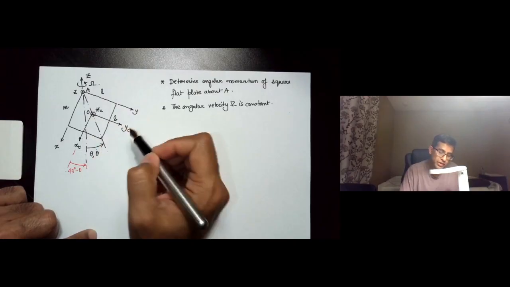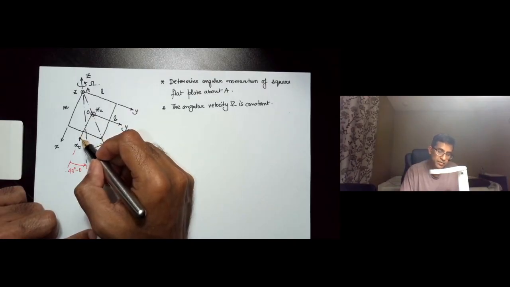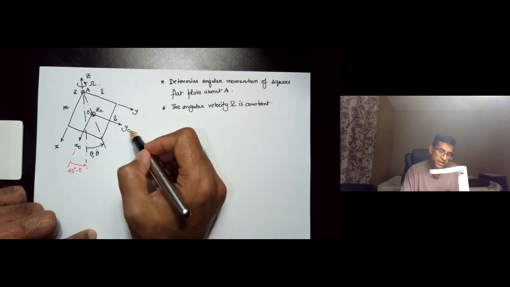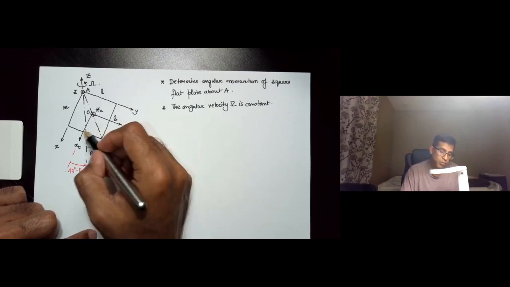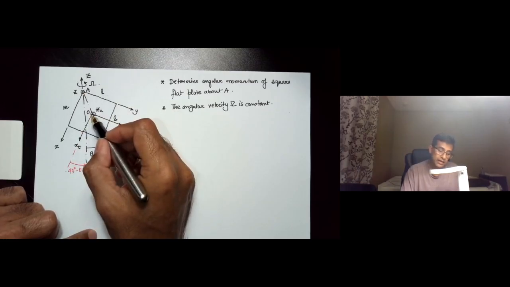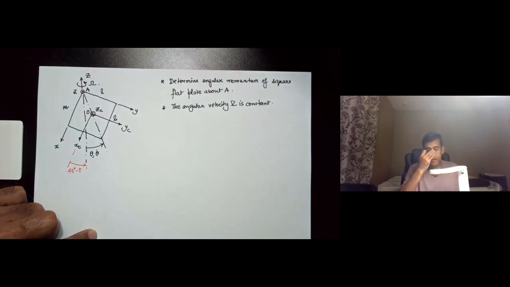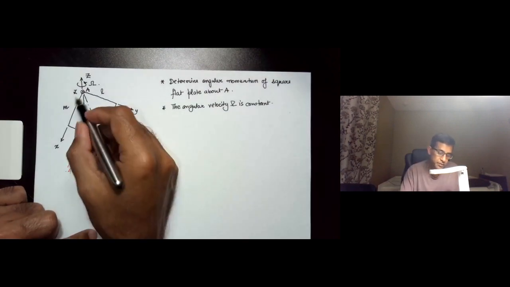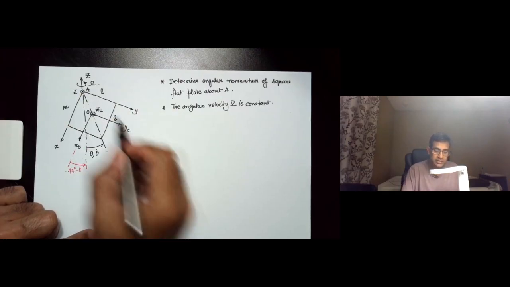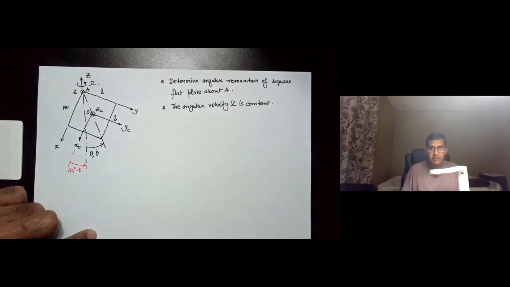We also indicate the centroidal or center of mass axes. X sub c and y sub c are body fixed, that is, they are fixed to the square plate, and they are passing through the center of mass. x sub c is parallel to these two sides and y sub c is parallel to these two sides.